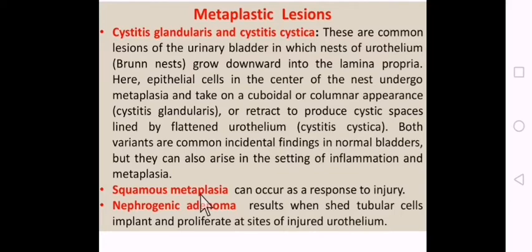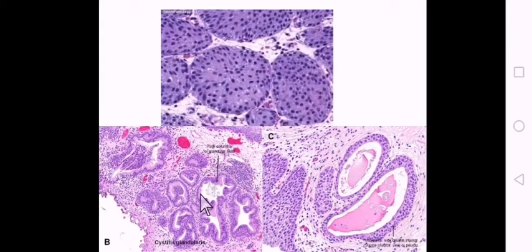نجي للmetaplastic lesions of the urinary bladder. Number 1, cystitis glandularis and cystitis cystica. These are common lesions of the urinary bladder. تبدي when there is invagination of the urothelium, اللي هو الابيثيليوم that covers the urinary bladder.